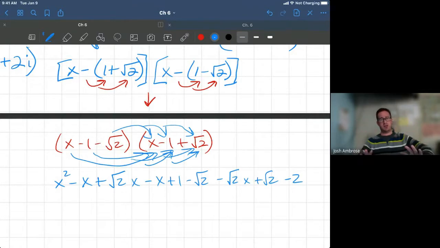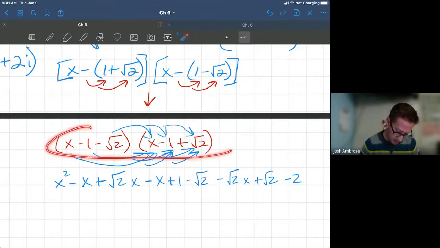All of what I just showed you is what it would work out if you distribute everything on the left into everything on the right. With this right here, this is what it will work out to be.